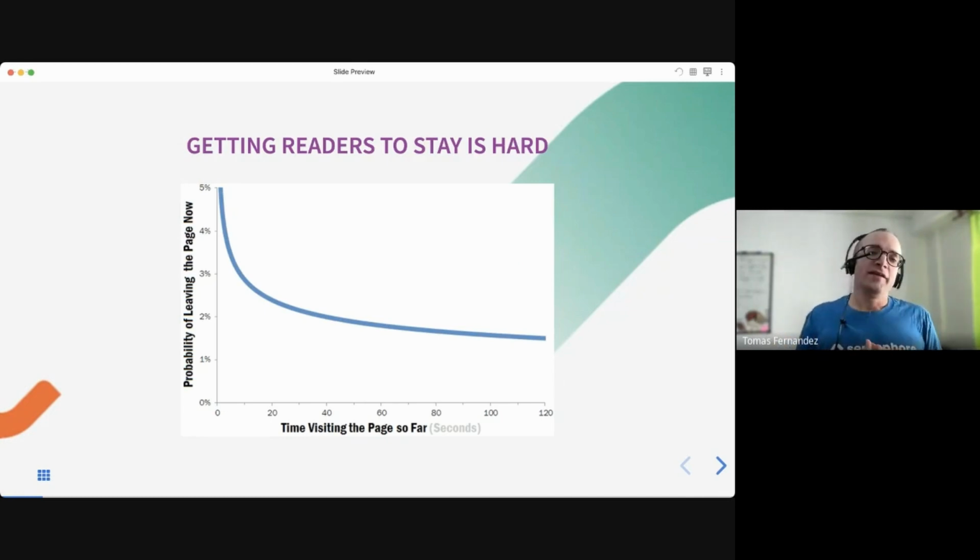The conclusion was that there's a high chance of bouncing back at the beginning, as soon as the person enters, and as time goes by, the chance of people going back reduces. So the more time the person spends on the page, the higher the chance that they will read your content. There were three very important points from this study.